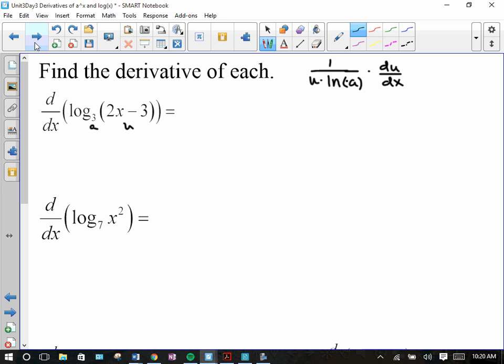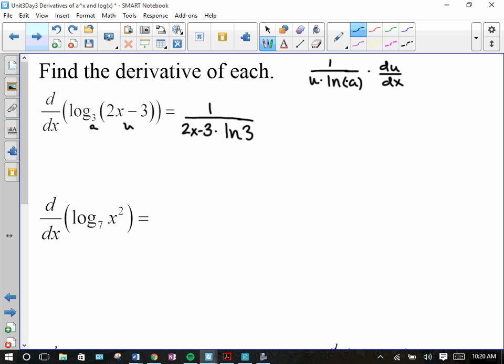Here we go. First thing we're doing is 1 over u. So what is u? 1 over 2x minus 3, times the natural log of what is a? 3. So times natural log of 3.